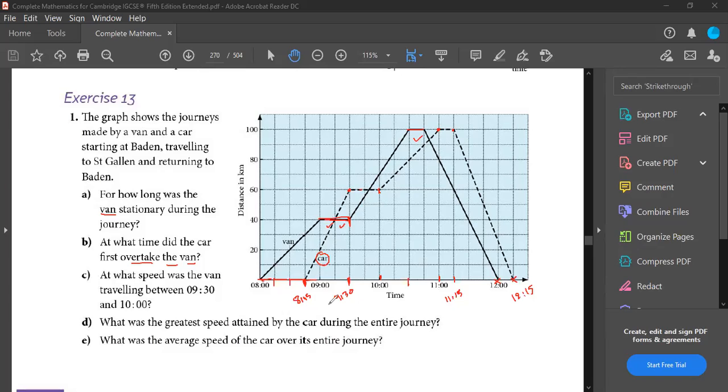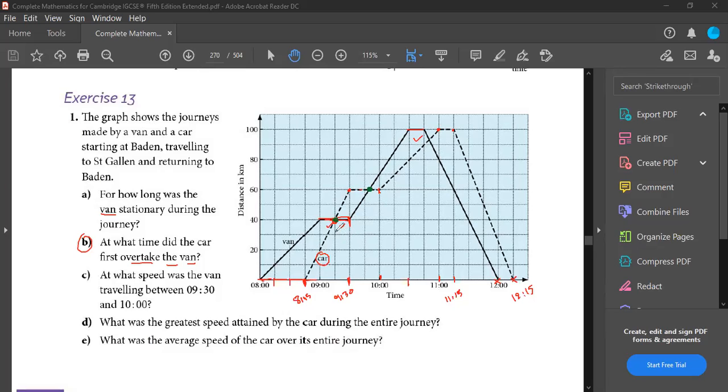Part B. At what time did the car first overtake the van? This is the dotted line for the car and the van is the straight line. What time? Between 9 and 10? No, the one above it. Exactly 9. We want the car to overtake the van, not the van to overtake the car.